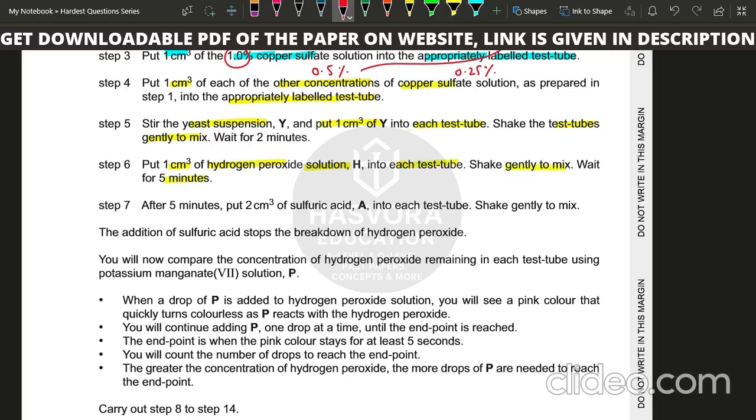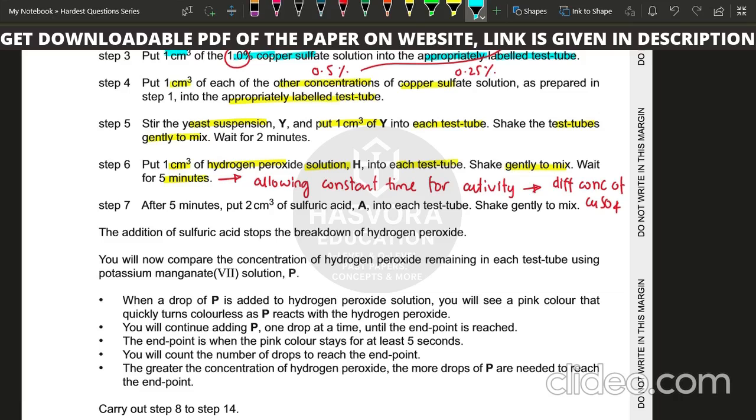Okay, so now what we are doing is actually allowing constant time for the activity of the enzyme, and it is the activity with different concentrations of copper sulfate.